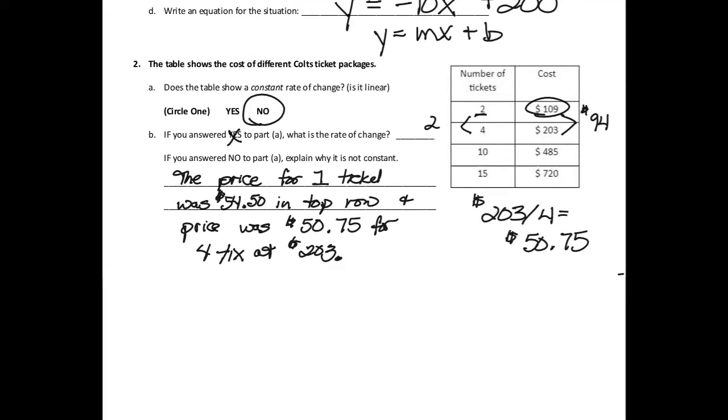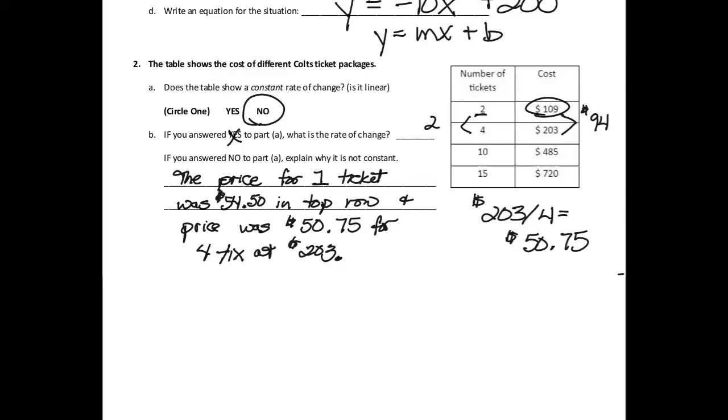Basically, where you are showing me it is not the same amount. It just isn't constant. Okay? Price for one ticket in the top row was $54.50, and the price was $50.75 for 4 tickets at a price of $203.